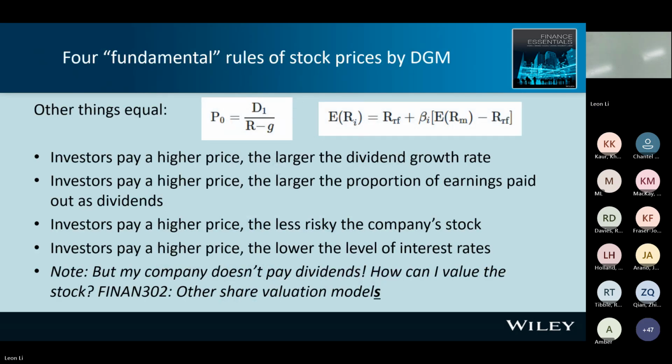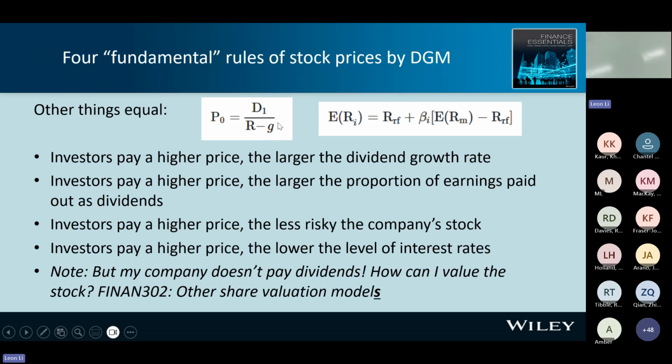So we have one more slide to summarize our discussion. 4 fundamental rules of the stock prices by the DGM. I just copy the formula here, and I know the required return by CAPM is here. So we have 2 fundamental rules. 1, the larger the dividend growth rate, the higher the price. So G is here.